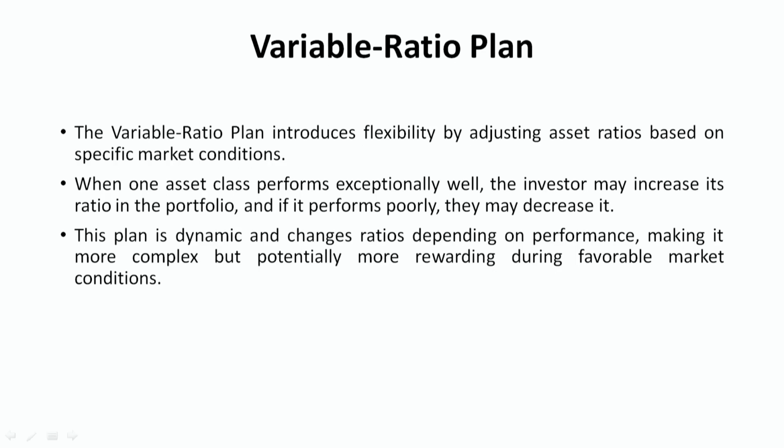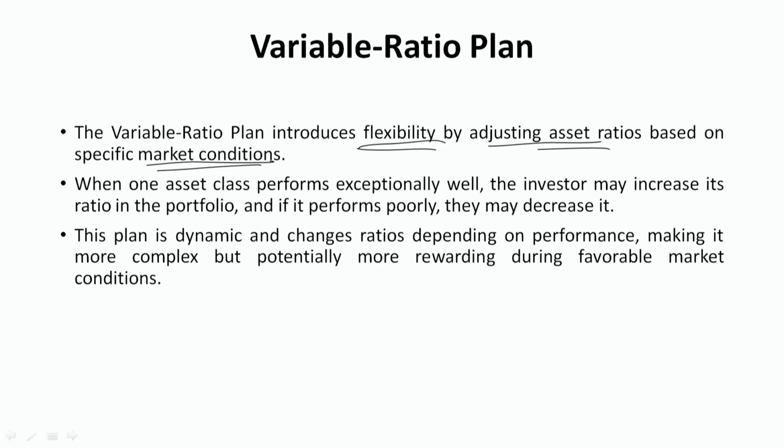The next is variable ratio. As the name suggests, here you do not have anything like a fixed proportion. You are flexible, right? You are flexible in terms of both assets and based upon the market conditions.